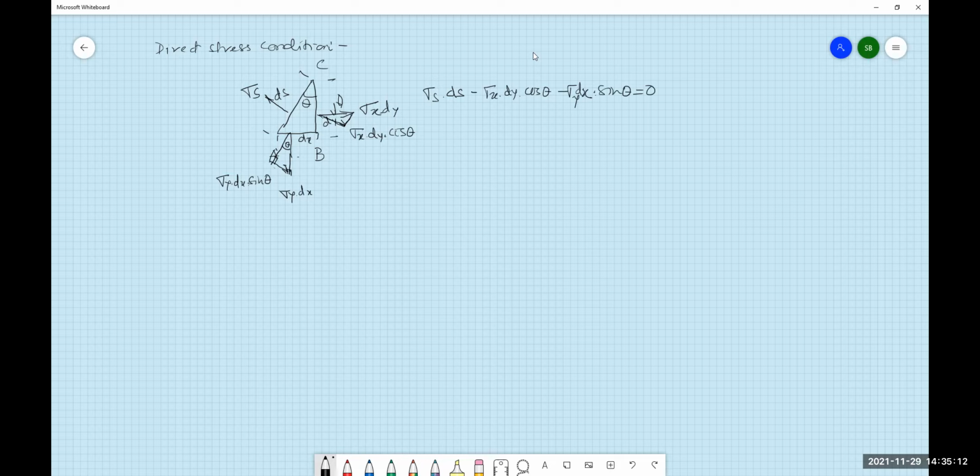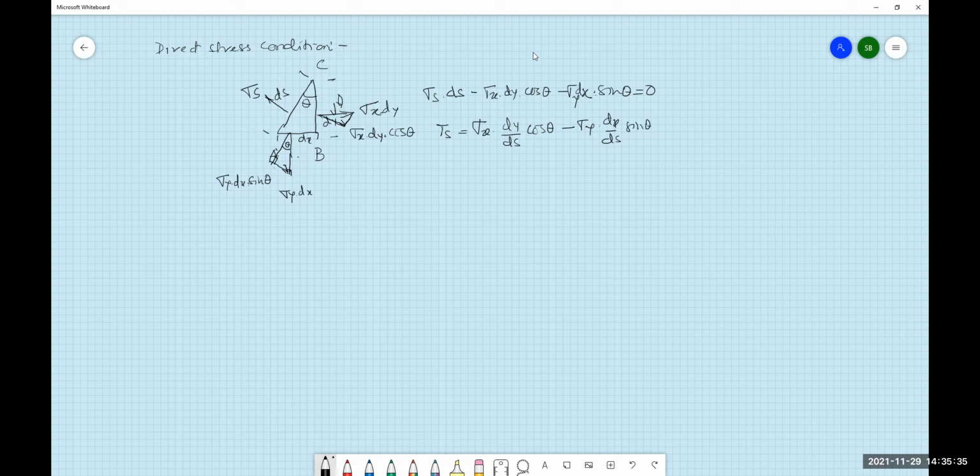Now, if we divide them like this, sigma x is equal to sigma x into dy by ds cos theta, minus sigma y into dx by ds sin theta.